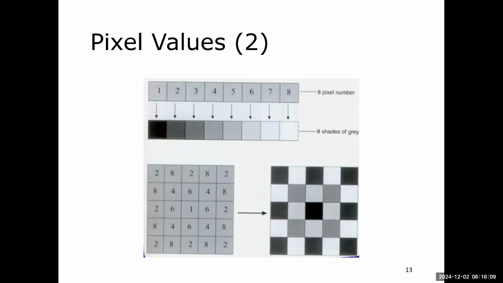We still have to see in analog. If we just saw that 2828, 84648, can we tell anything about that? No, our brains can't do that. So we still actually have to see that in analog. That's why every single value is assigned a shade of gray so that our brains can process that and see the difference. So this is the way we would see it. Everywhere there's a 2, see how the same shade is assigned?